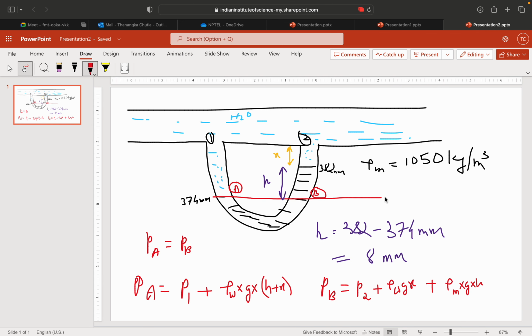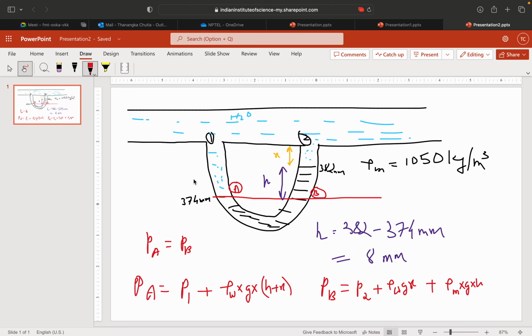So the pressure at A is equal to the pressure at point 1 plus rho W into g into (h plus x), because this entire place is filled with water and this distance is h plus x. And the pressure at point B is equal to P2 plus rho W into g into x plus rho M into g into h.